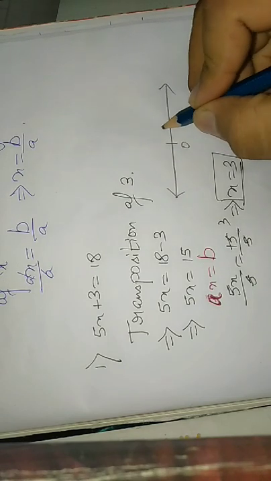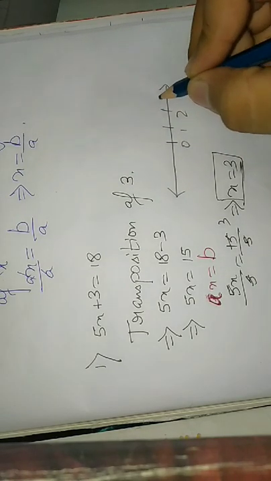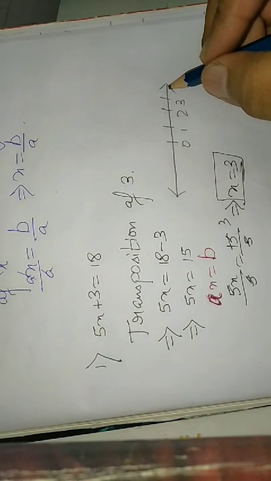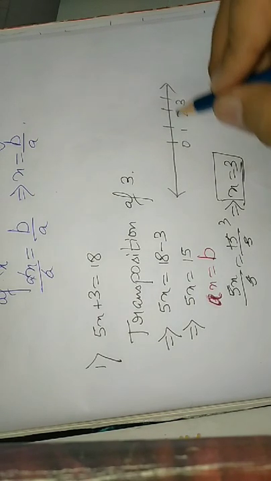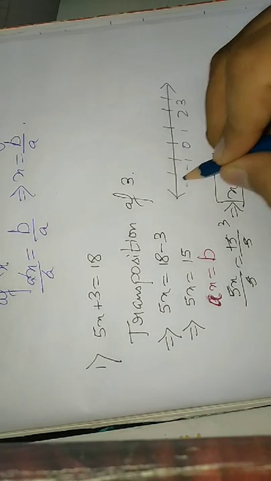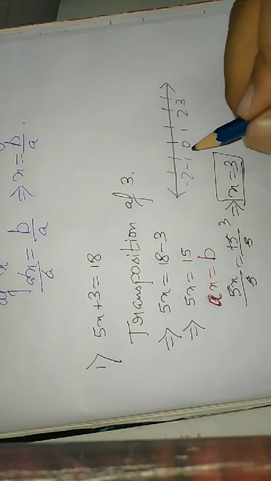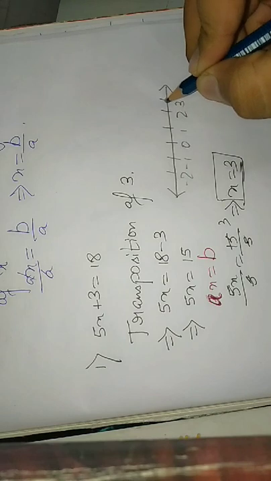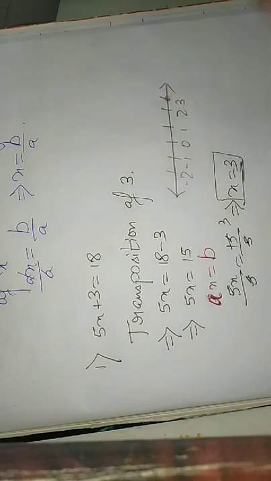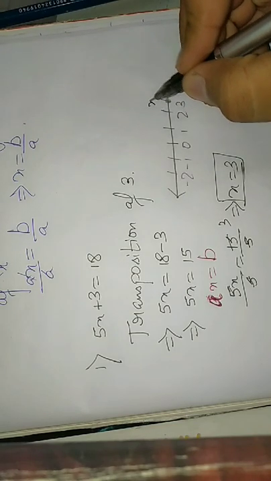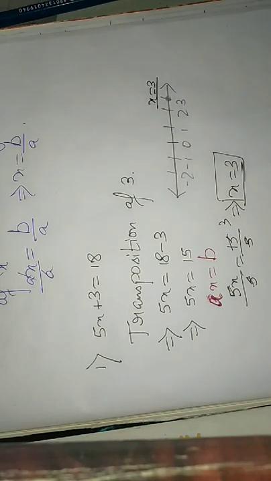It's 0, 1, 2, 3, and here we will mark this point and write x equal to 3. That's it.